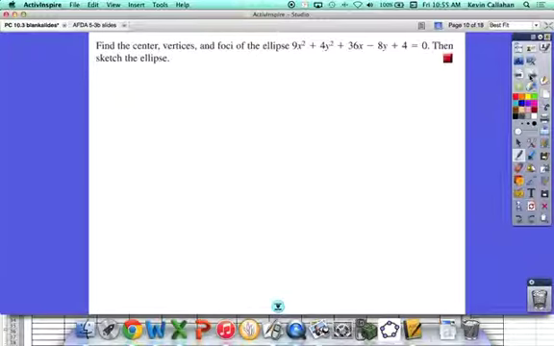So I'm going to write x squared plus 36. Oh, that was wrong. I should have written 9x squared plus 36x. Leave a space. It's actually not necessary yet, but 4y squared minus 8y equals -4.